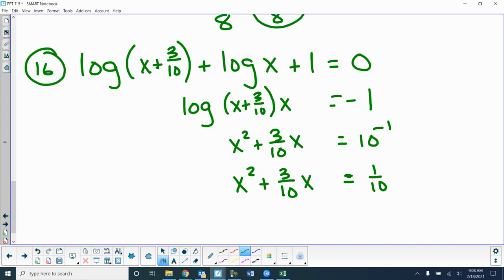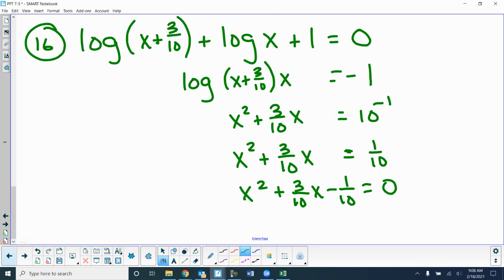But sometimes you forget. But that should be sinking in now with the negatives. Okay? So what am I going to do with that 1/10 now? Subtract it, because we have to set it equal to what? 0, right? Okay? So it's kind of a pain problem, because it's got fractions, right?